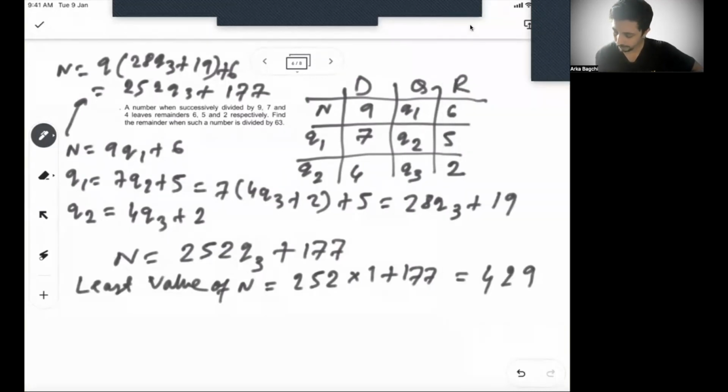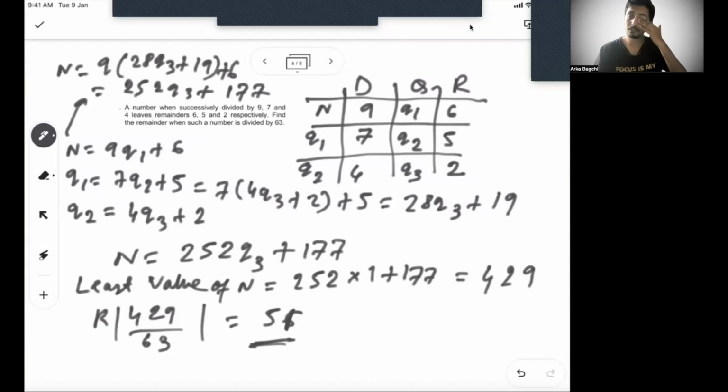Now when you divide 429 by 63, we get a remainder of 51. 63 times 6 is 378, and then you get 51 as the remainder, and you will get the same remainder everywhere. So this is how you can do successive division.